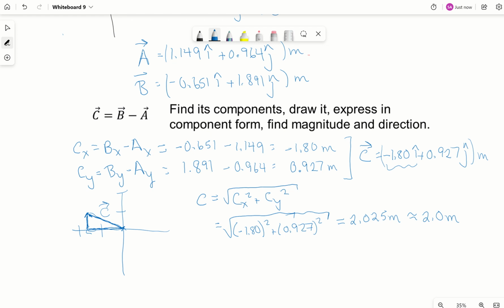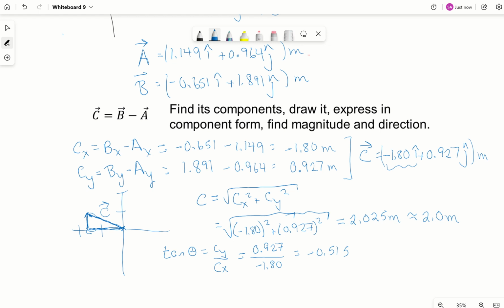All right, to get the direction, how do I get the direction? Well, I use tan theta is Cy over Cx. So Cy is 0.927. Cx is negative 1.80. And so I get tan theta is negative 0.515. And there's no units for that because I'm doing meters over meters.